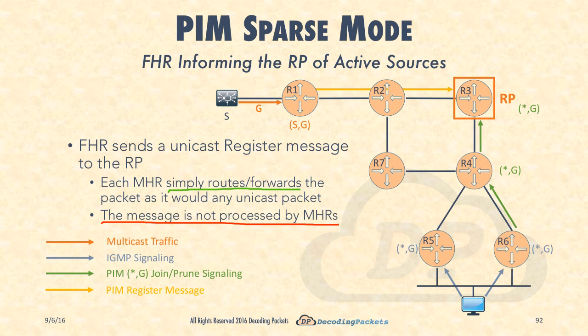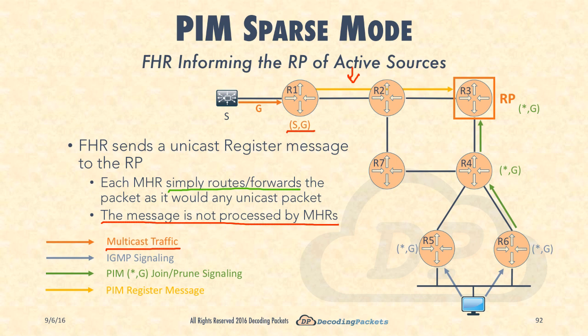So right now, if you look at that S comma G state, because the message is unicast, that S comma G state appears at two places. It is on R1, because it's the first hop router, and it is orange because it was generated courtesy of this multicast traffic. Once you send this PIM register message over to the RP, the RP is also going to create a state because it's going to process that message.